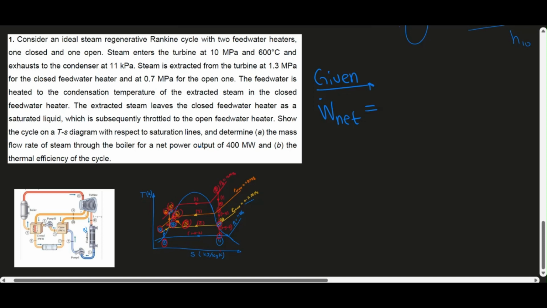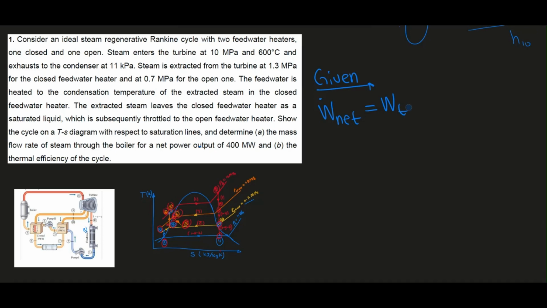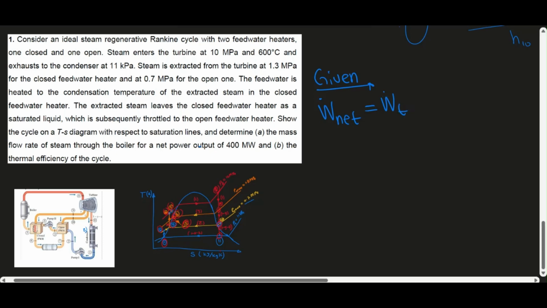and the formula for work net is as follows. Work of the turbine minus input work to the pumps, minus work pumps.